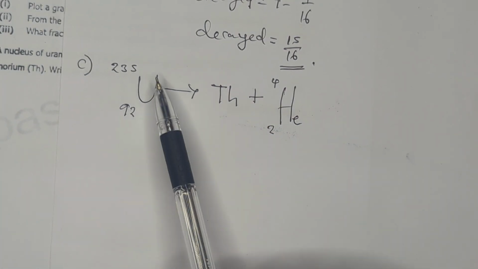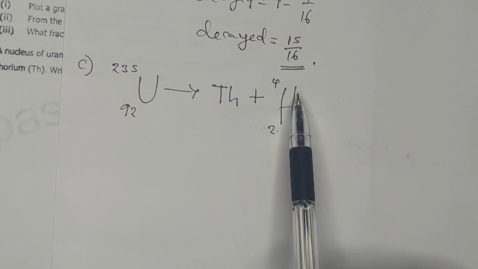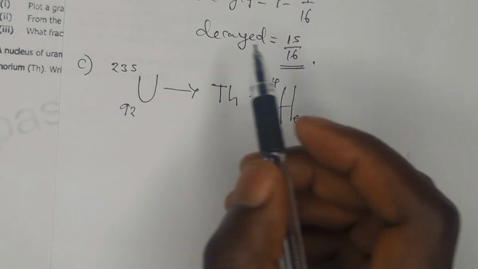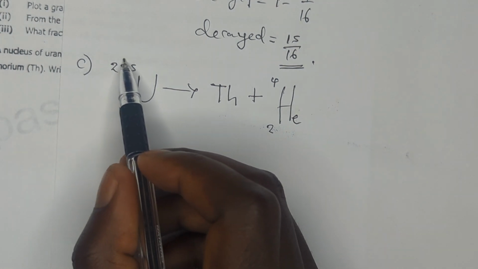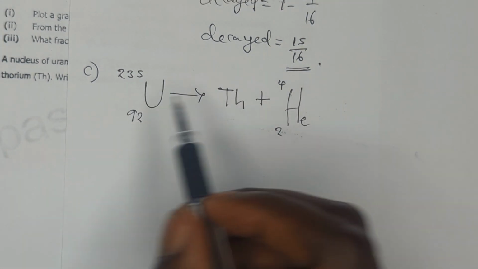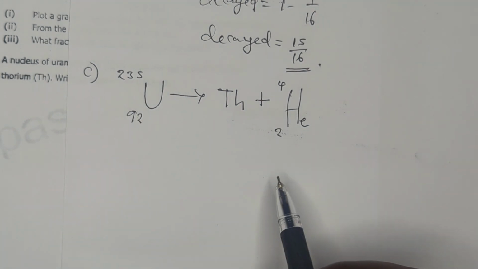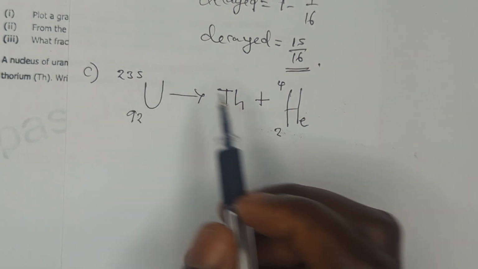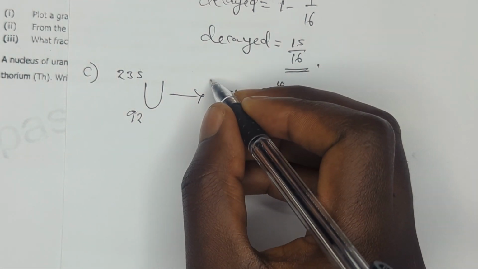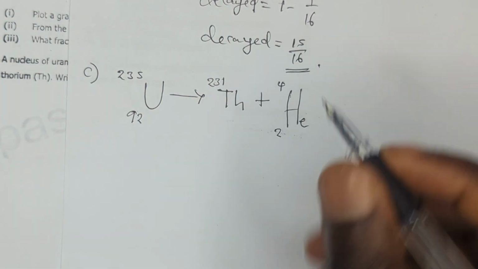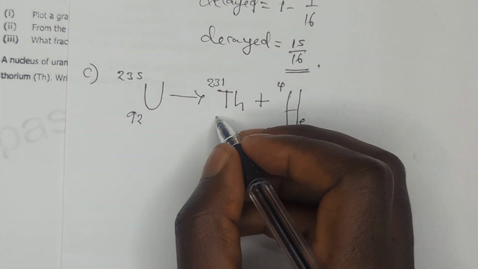Now, when a particle emits alpha, this number reduces by 4 and also this number down here reduces by 2. 235 minus 4 to give us 231. 92 minus 2, it will be 90.